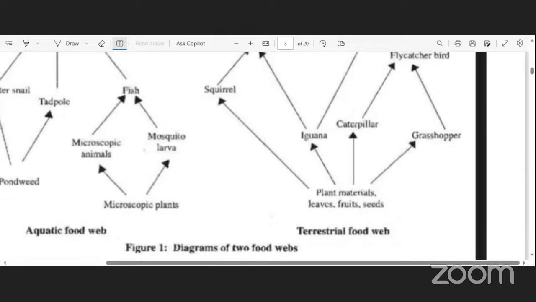Whenever persons are doing the Lincoln index or the mark release recapture method, it is ideal that you use a very bright color, like a very shocking green or pink, something that you could pick up from afar. So if the organism is far out from you and you can't see close by, the marker on the organism will showcase itself to you.